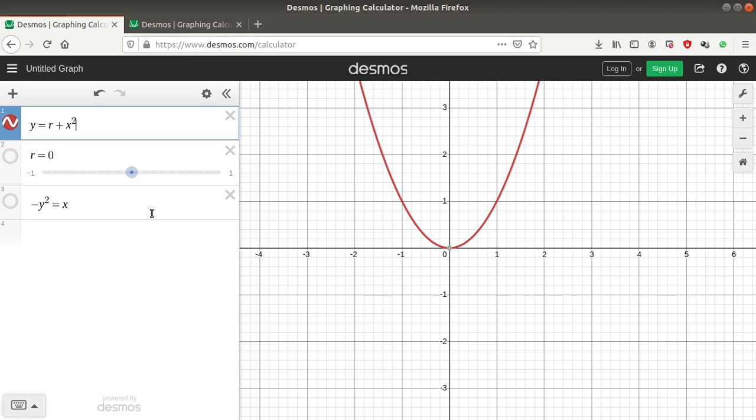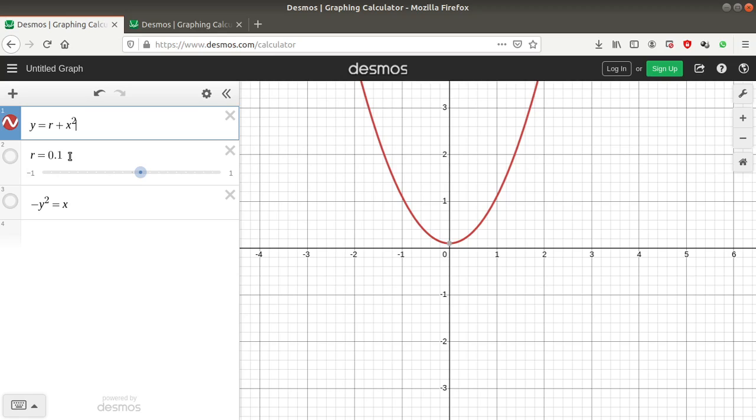Okay, and now what will happen if I keep on increasing this r value? If I further increase this r value, there is no intersection with the x-axis, and therefore there is no fixed point. So suddenly the fixed point disappeared when r has been tuned to 0 and above.